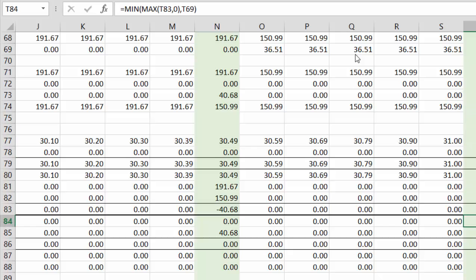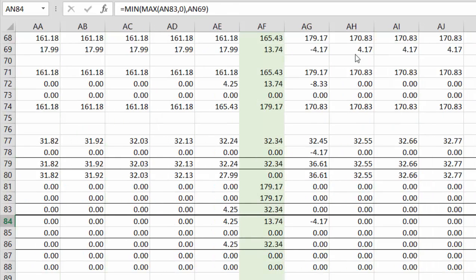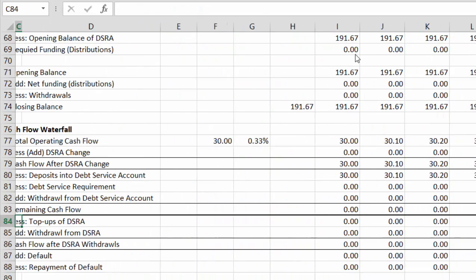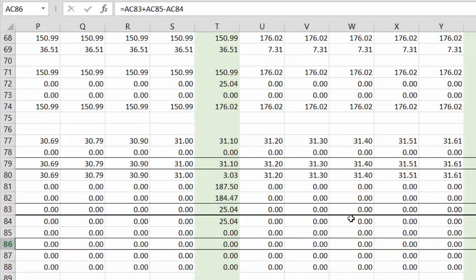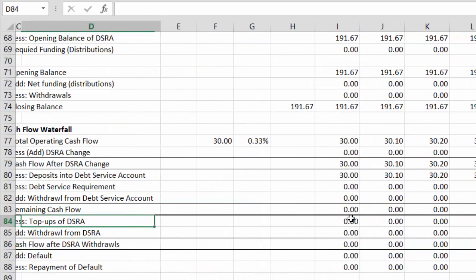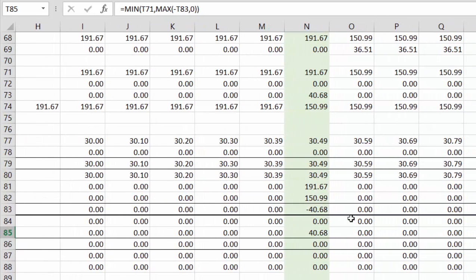We had some cash to top it up, and of course I've got to subtract that from the total, and then we finally took it out. So the rules are over and over again the same thing, and I need to take this. Now if I had forgotten to do this, the balance sheet wouldn't have balanced. So let's see what happens. In the first period, we took some out of the DSRA.